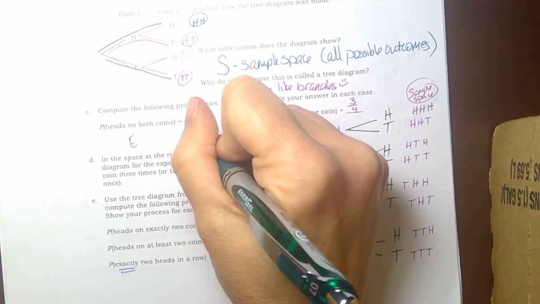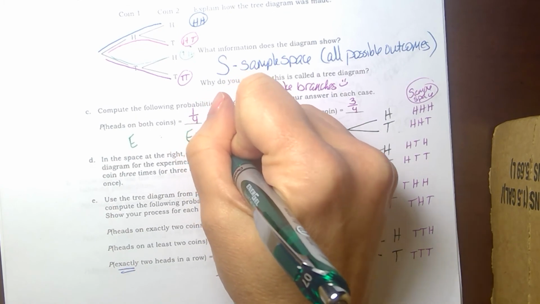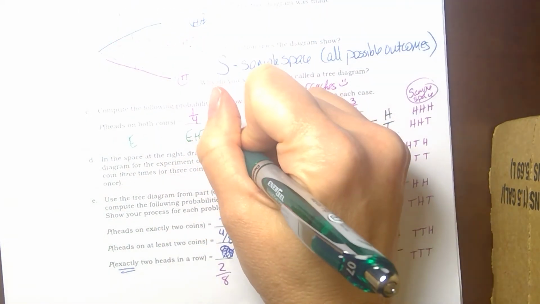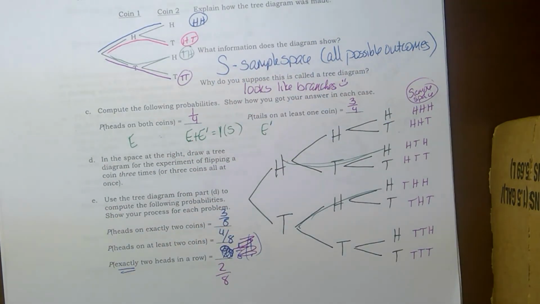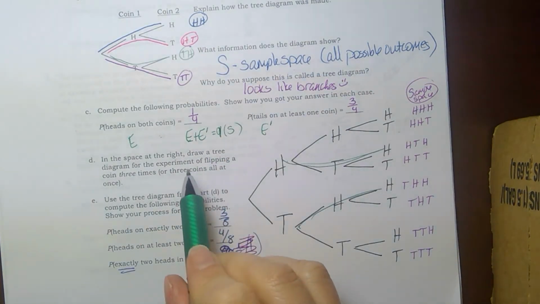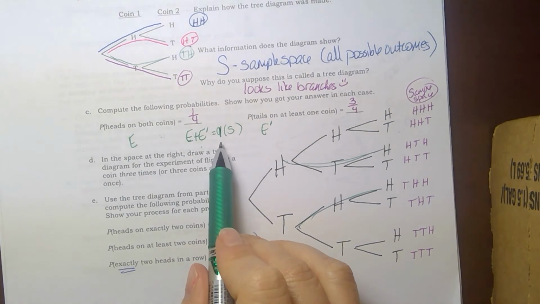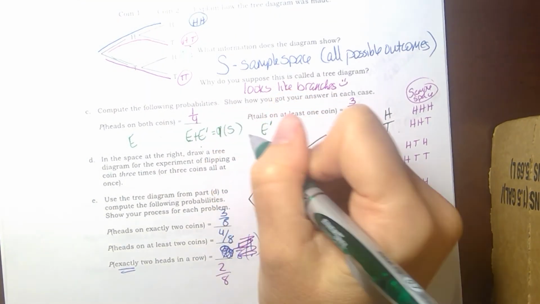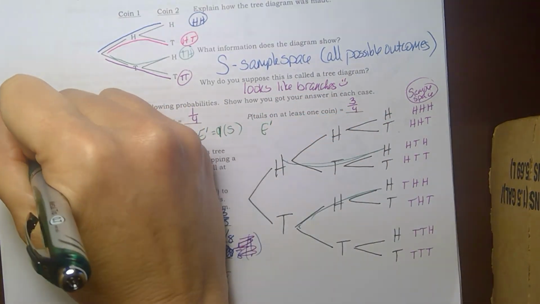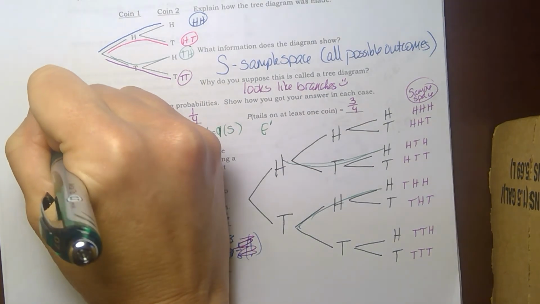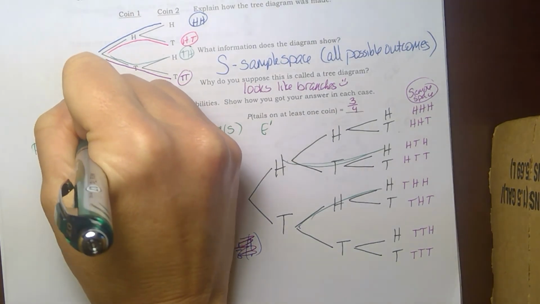Because if I add together E and the complement of E, I get the entire sample space. I get 1. My probability is 1. Let's do that. E plus E complement, the complement of the event, is equal to the sample space. Or I could say the probability of E plus the probability of the complement is equal to 1.